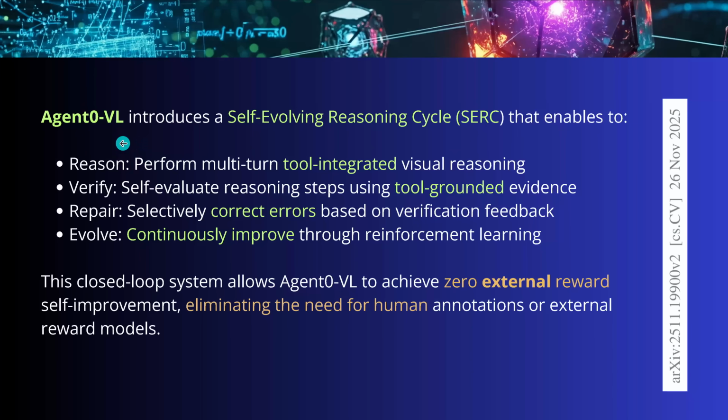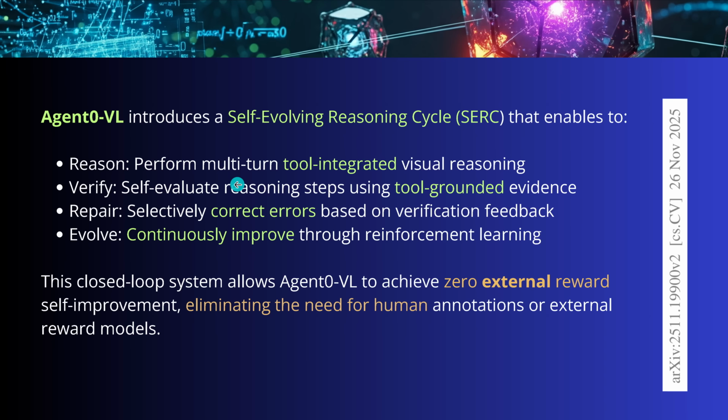So our Agent0 vision language model introduces what the authors call a self-evolving reasoning cycle that enables it to reason, verify, repair, and evolve. Now, reason is simple, no? It performs a multi-turn tool-integrated visual reasoning. The intelligence is in the external tool. Verify.